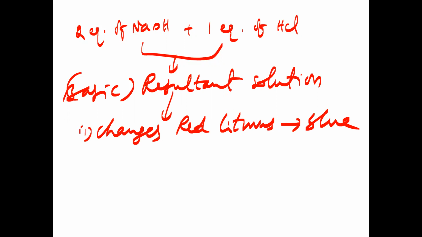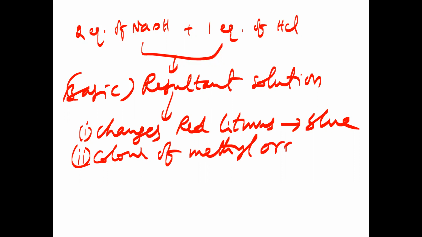One thing. Next, the second thing we have to understand is that if the basic solution is taken, in the basic solution the color of methyl orange will be yellow. So what is the color of the methyl orange indicator?